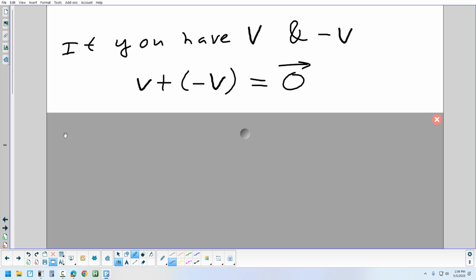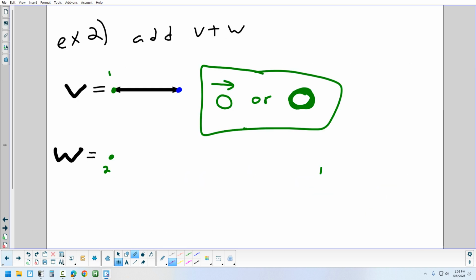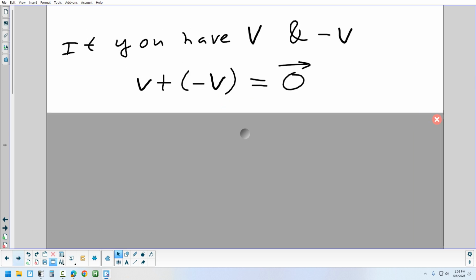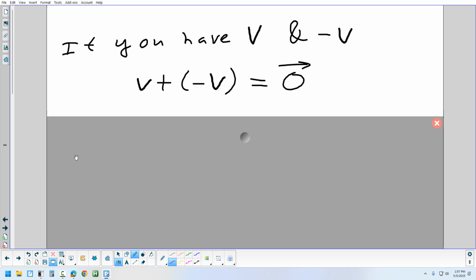That's an example of what we just did in this problem right here. When you have 2 vectors that point in opposite directions, and you add them together, that's the answer. It's called the 0 vector. So what's the difference between this and that when you draw them? One's going to be pointing the other direction.